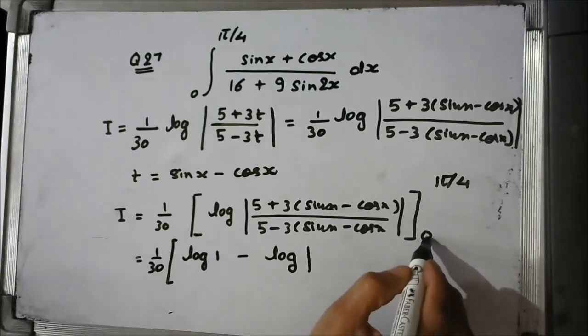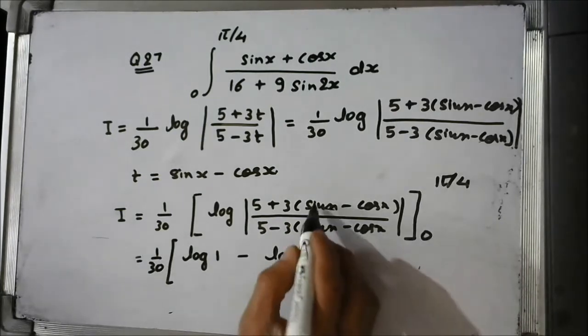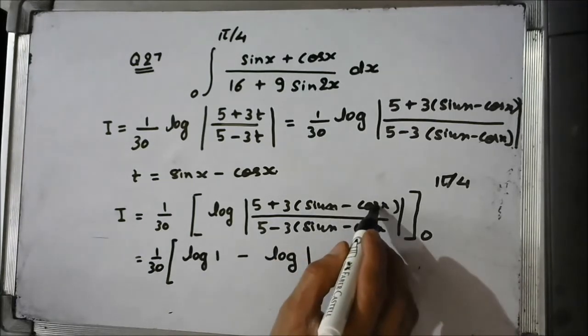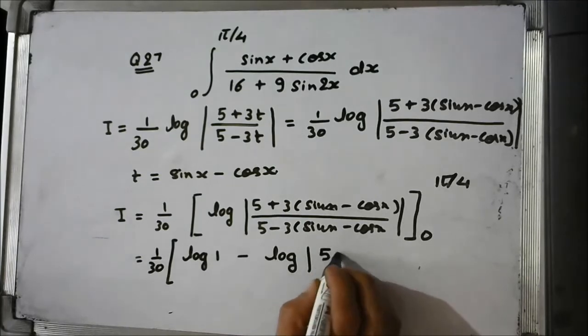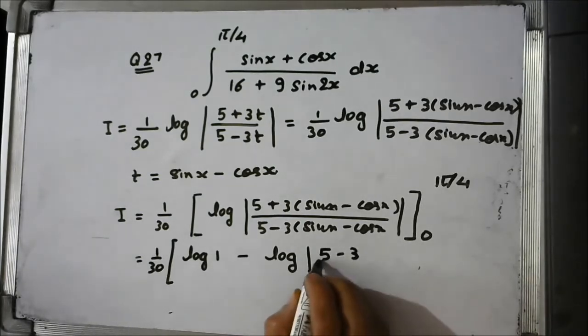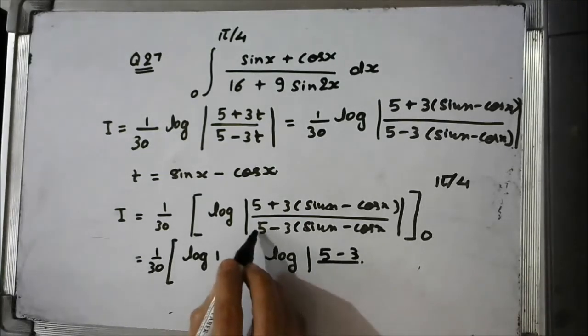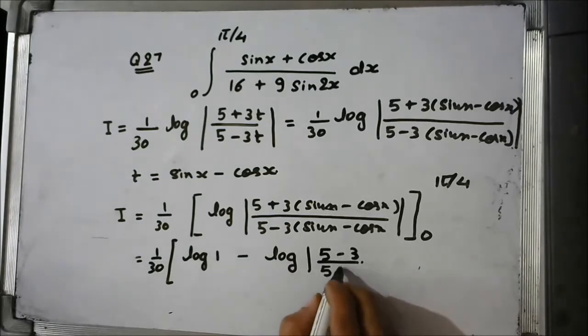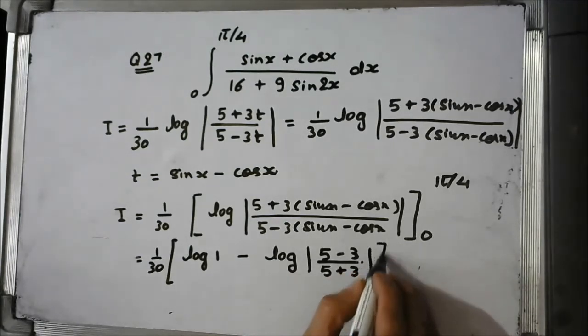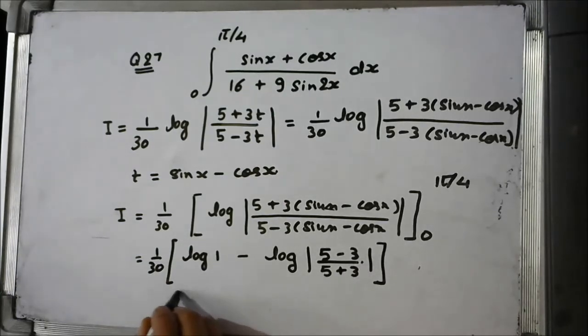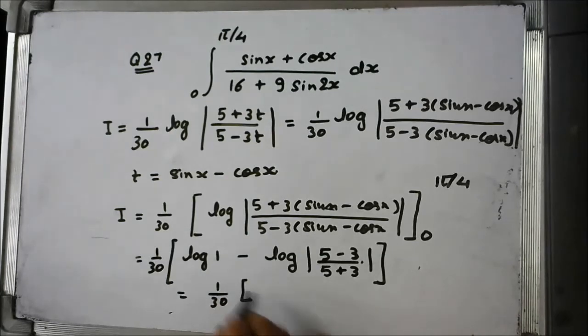Now when I put x equal to 0, sin x becomes 0, cos x becomes 1. So the numerator becomes 5 minus 3, and the denominator becomes 5 plus 3. Log 1 is 0.